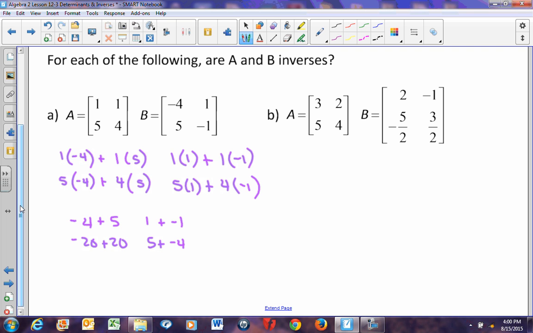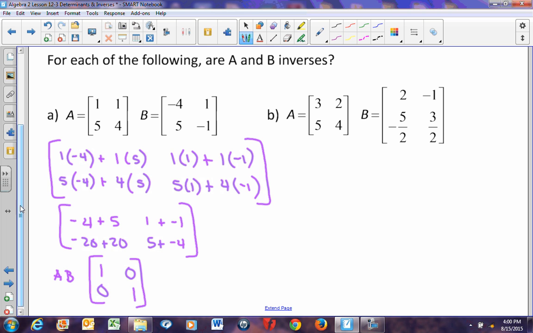We add these together and figure them all out, and we get 1, 0, 0, 1. So it works that direction. That was A times B. Now we have to check to see if it works the other way, so now we have to do B times A.